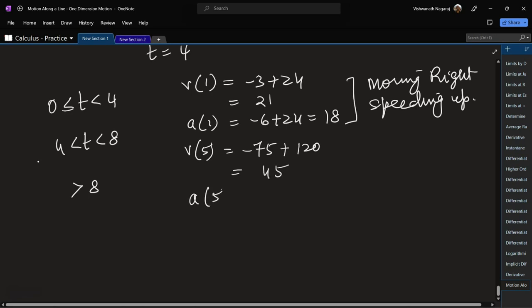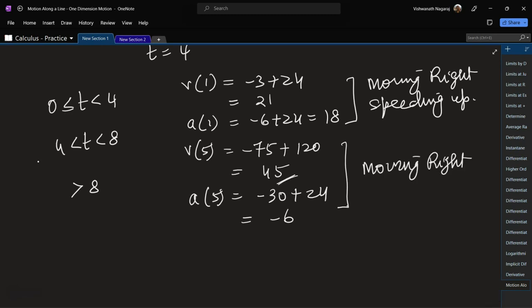A of 5 is going to be minus 30 plus 24, which is equal to minus 6. So again, here the velocity is positive, so moving right, and they are of different signs, so it is slowing down.